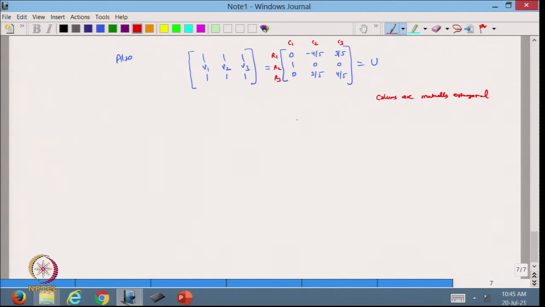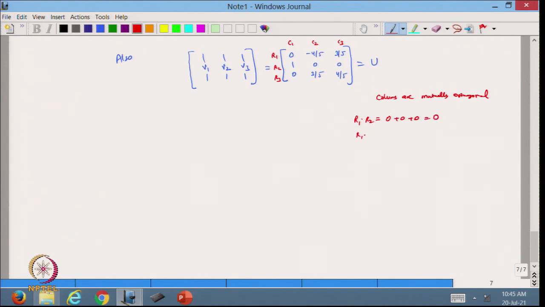So, what about this one? Now, if you see from here, this 0, minus 4 by 5, 3 by 5. If I take the dot product of R1 with R2, it is 0 plus 0 plus 0, so that is 0.